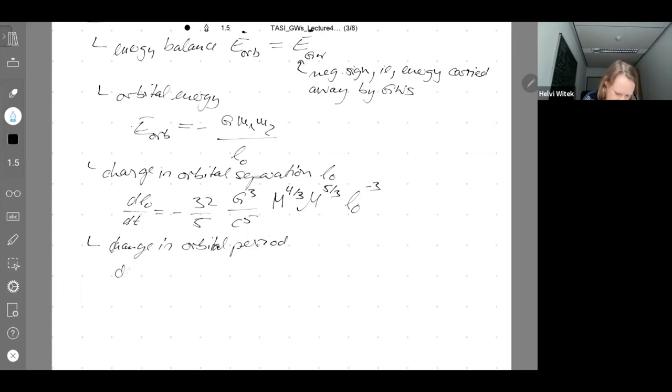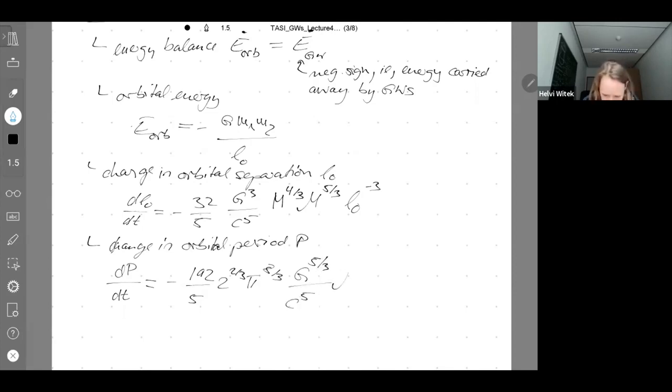Let me call the period P, so it's dP by dt, and that is again some coefficients here, to the 3, Newton's constant to the power of 5/3, speed of light to the fifth.